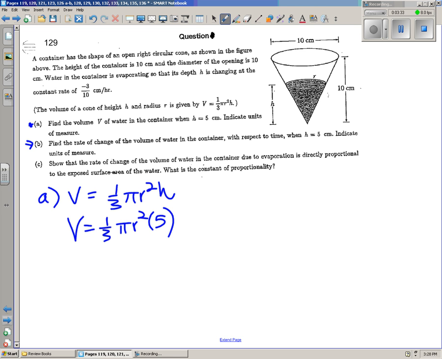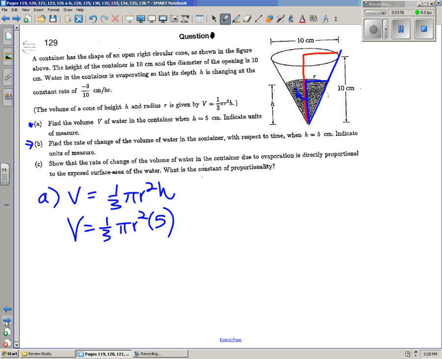We need to find the radius. The way to find the radius is to realize this picture has similar triangles in it. And here are similar triangles.